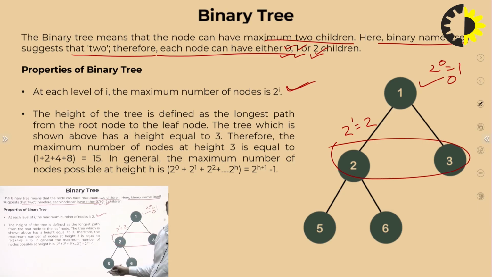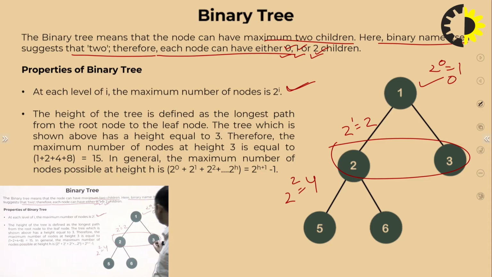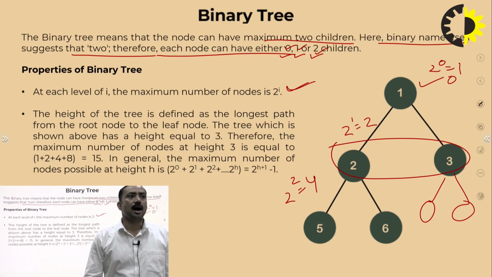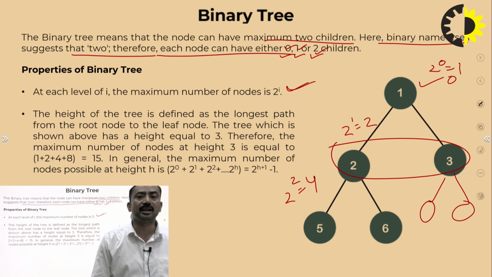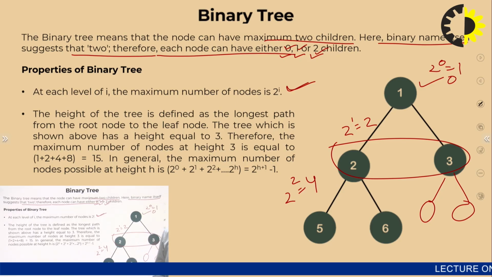This is the second level, so the maximum number of nodes will be 4. So this is the concept of the maximum number of nodes in a binary tree, 2 power i, where i is the level of the tree or a particular node level.